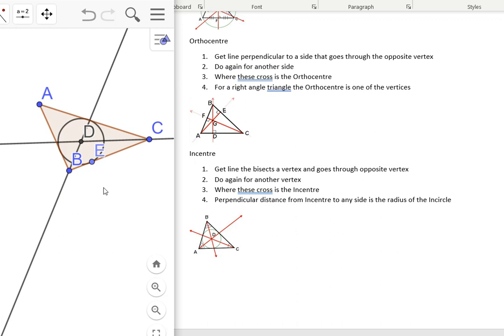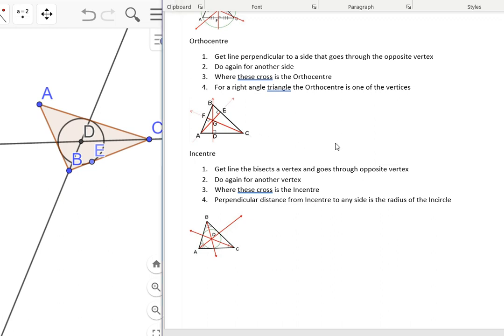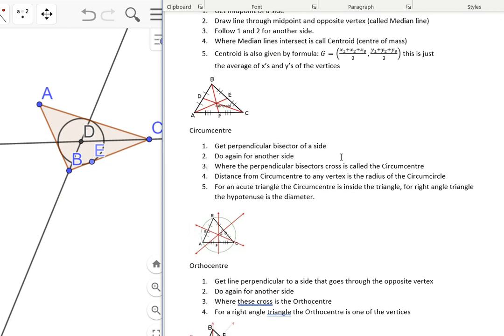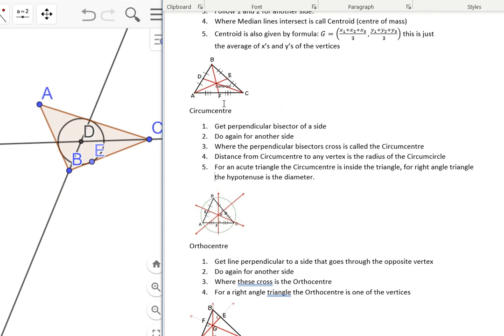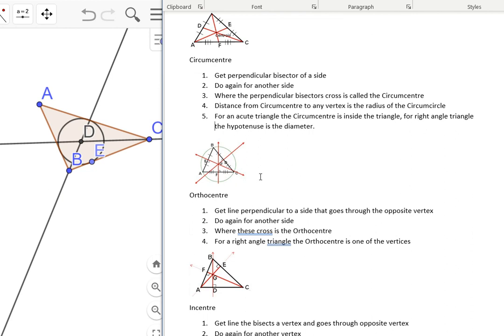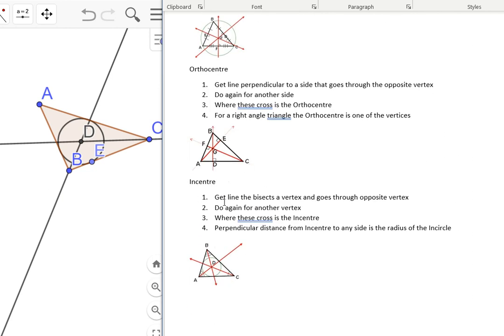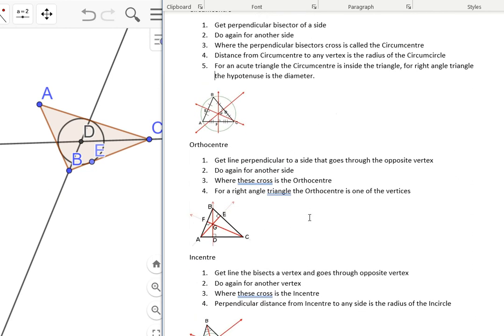So as you can see, for all of the different types of construction that we're talking about, in each case you know how to do the construction by hand already, and for all but the incenter, you know how to do this algebraically as well.